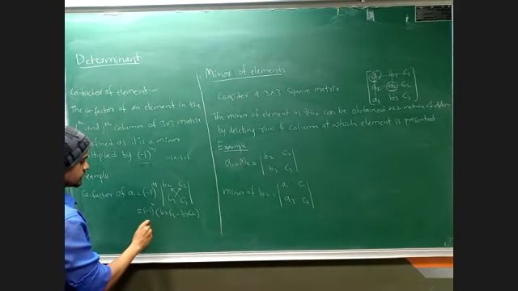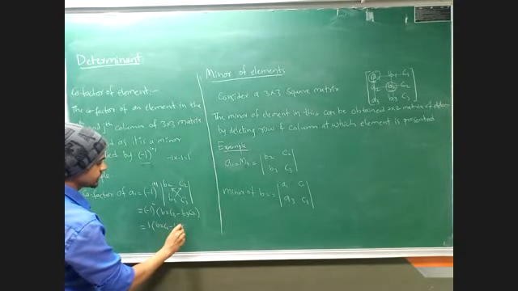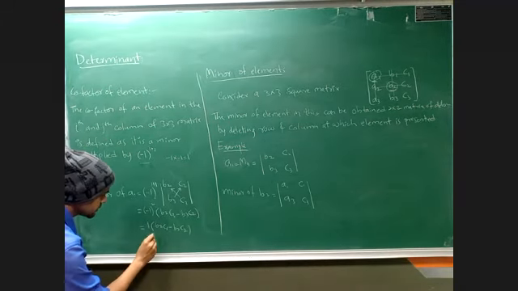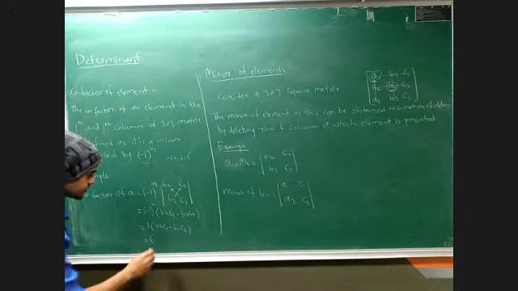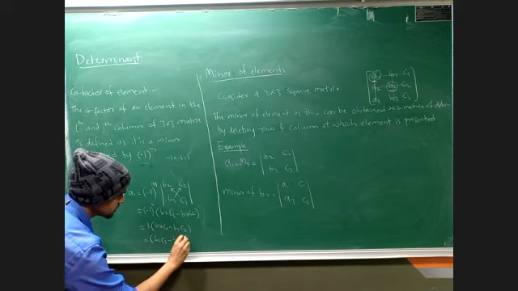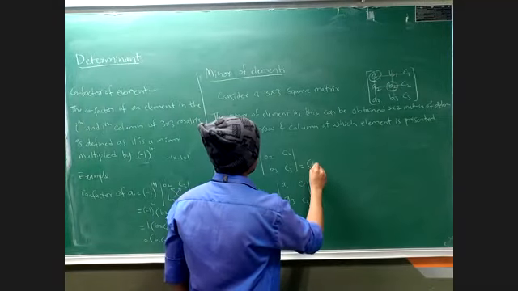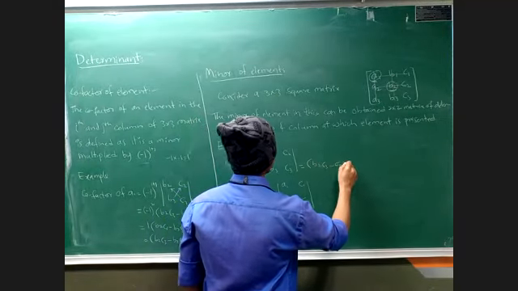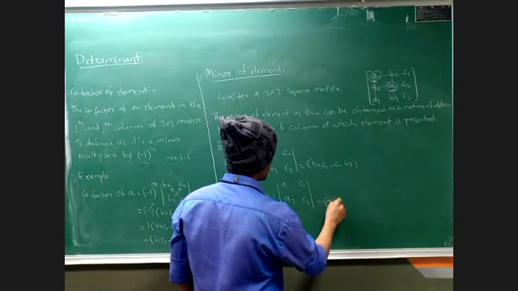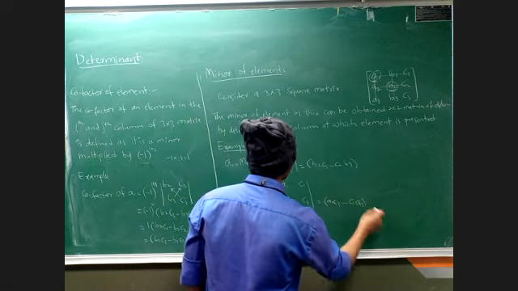So this will be 1 times B2 C3 minus B3 C2. The 1 does not change anything. This is the minor.